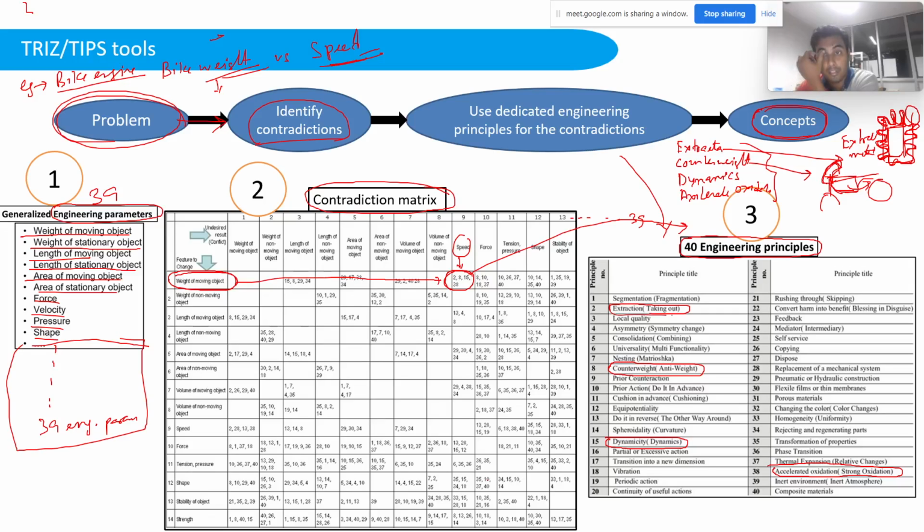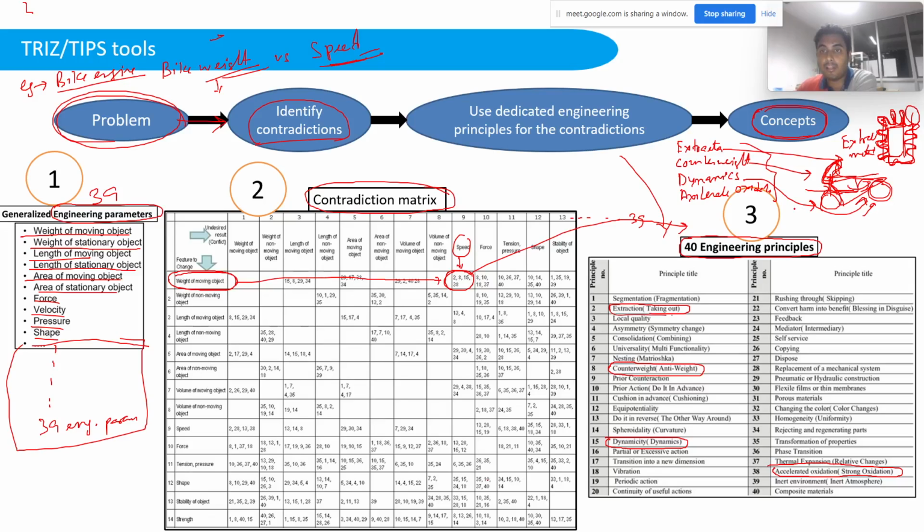So probably you can shift the weight of the bike and balance the CG in such a way that at high speed it is also easy to balance the bike. Similarly, dynamics: you can think, during motion, can we take the benefit of this motion so that the weight can be reduced? For example, if you create some sort of aerodynamic shape or aerofoil structure, you get some airlift, and you reduce the weight of the bike.